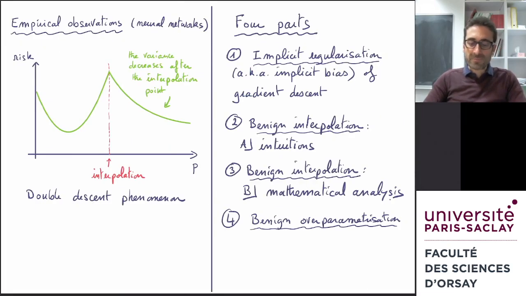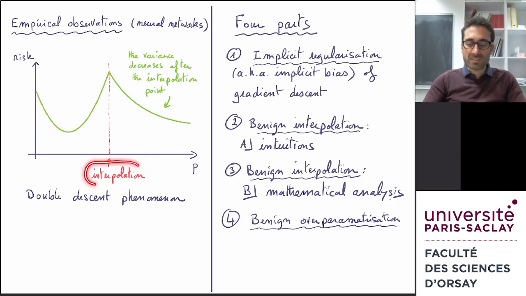But now there have been some empirical observations which are somewhat different. These observations essentially come from people fitting neural networks. Most of the time they fit very complex neural networks or very complex models without any regularization, and they observe the following. As long as the complexity is small, smaller than the ability of interpolating the learning data, they have this smiley curve as before.